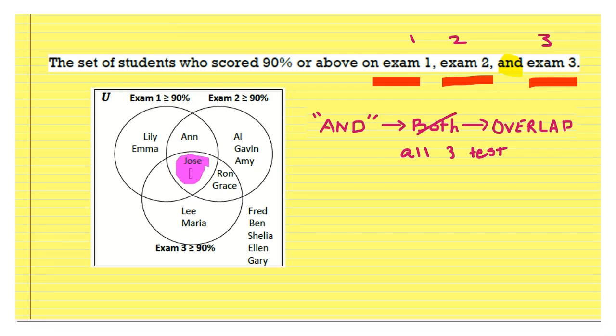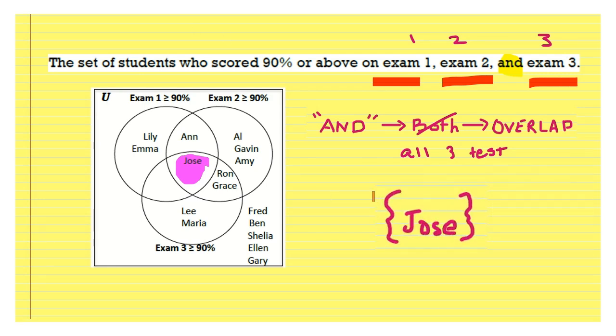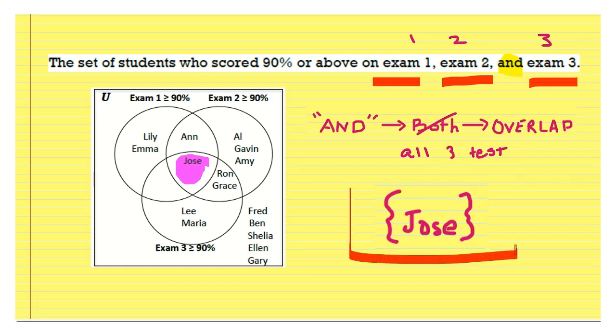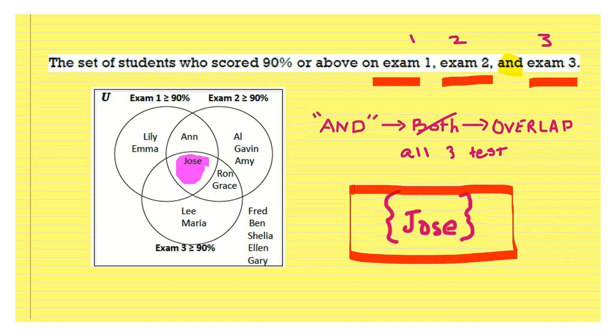So there's only one person who scored high on all 3 tests, and that would be Jose. Good for him. So this is the correct roster that represents the set of students who scored higher on exam 1 and 2 and 3.